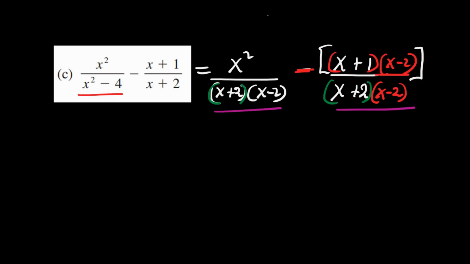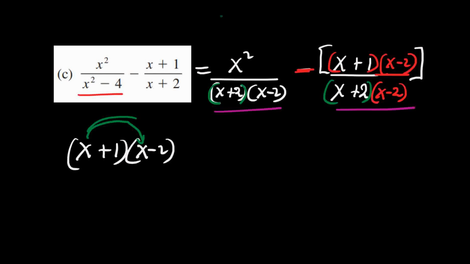So let's just extract that from the question and simply expand it, x minus 2. So let's use this, distribute this, use it to multiply, and also this.